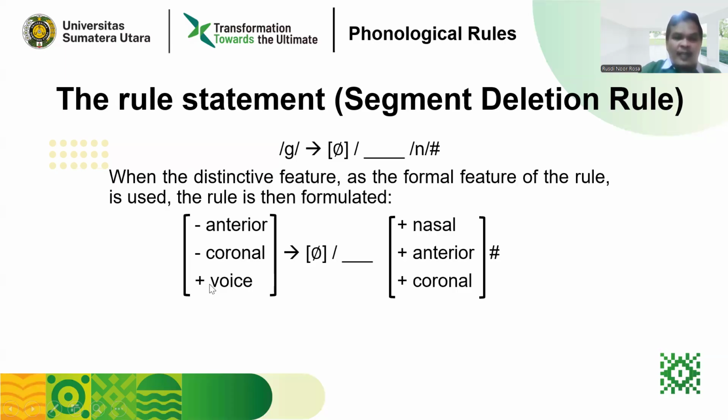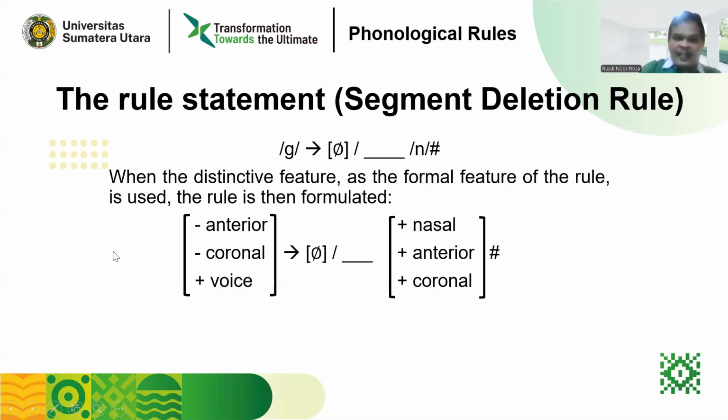Because if I write negative voice, it doesn't belong to G, because if it is negative voice, it belongs to K. So negative anterior, negative coronal, positive voice represent G. And G changes to nothing whenever it is located before positive nasal, positive anterior, positive coronal, which represent N. And it is the final sound of a word.